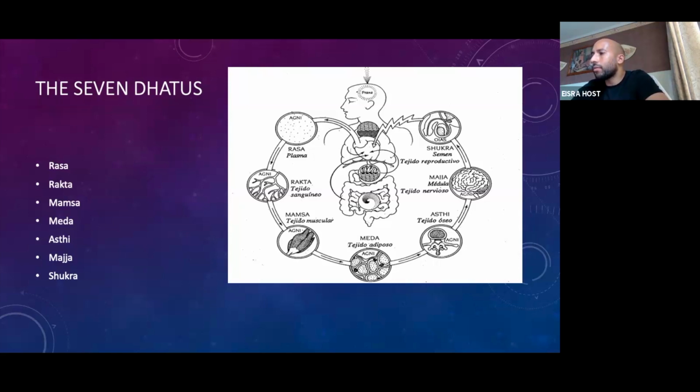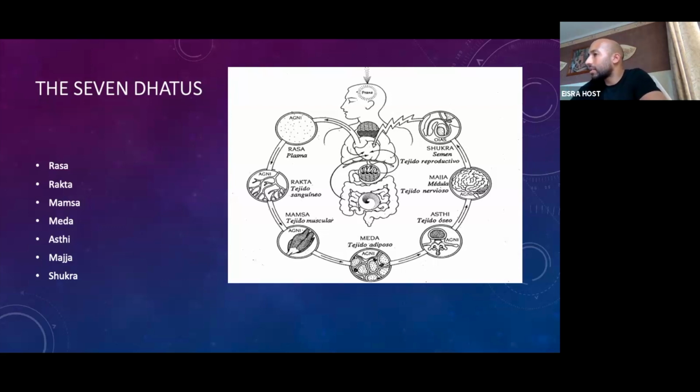We don't have a very good story when we look at modern medicine, because there are so many things happening in one go that it becomes difficult to grasp the formation of all these tissues happening at the same time. It becomes hard to understand how they are related to each other.